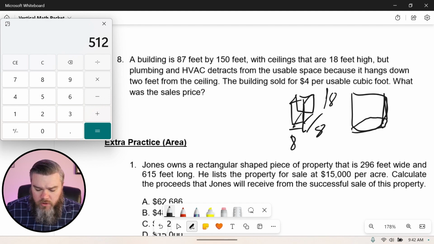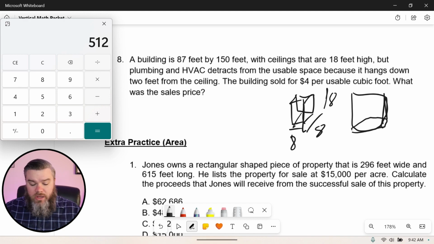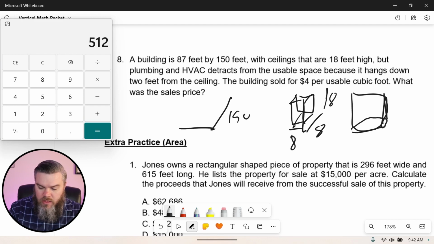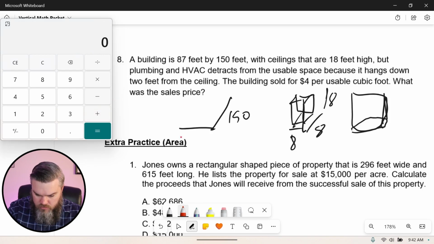Okay, 512 cubic feet. And so when we're dealing with this, we've got 87 by 150, and then the ceilings are 18 feet high, but we're only dealing with the usable. And so there is 2 feet that we lose because of HVAC, 2 feet from the ceiling. So really we're dealing with a height of 16.